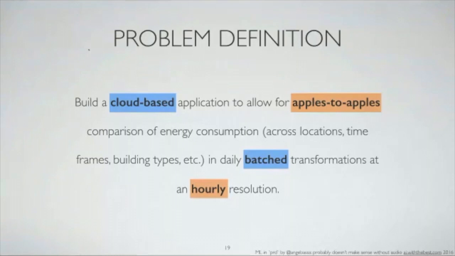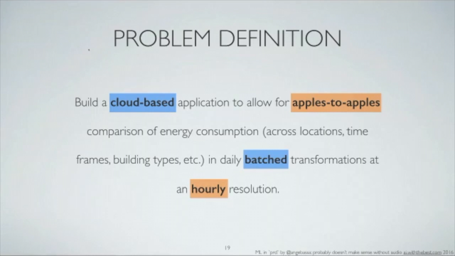Now, let me explain the colors. Before, when I showed you the Venn diagram of research and development, I used the amber and blue colors to shade the different sides of that, and the intersection was green. So here, the problems are being able to deploy in a cloud-based fashion. That's an engineering problem. That's much more towards the development end of the spectrum.